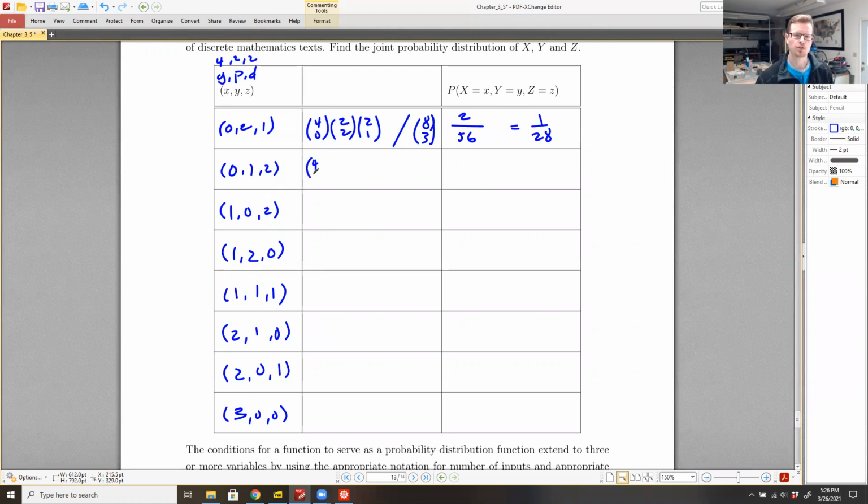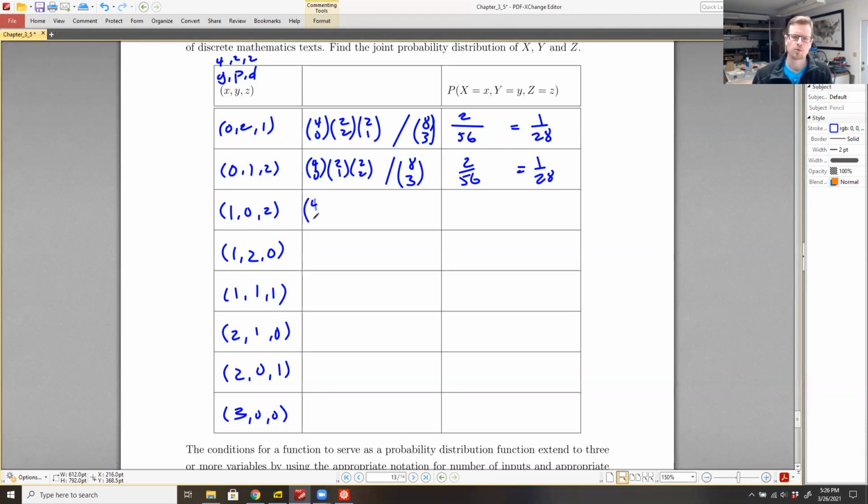So 4 choose 0, 2 choose 1, 2 choose 2, divided by 8 choose 3. 1 times 2 times 1 is 2 again, so 2 over 56 is 1/28.